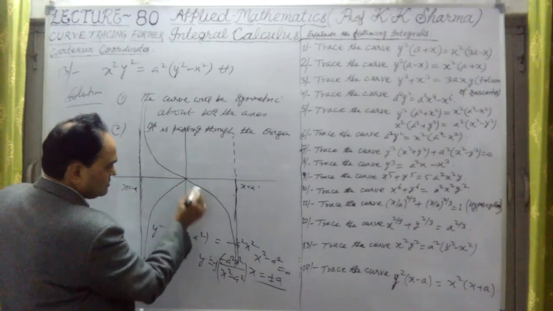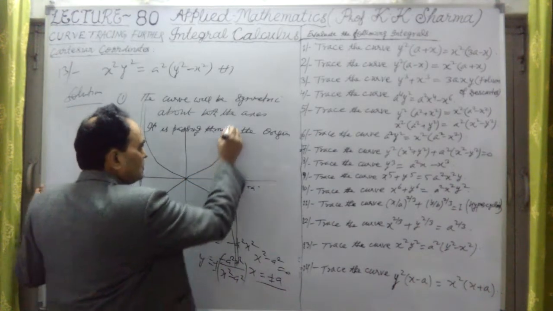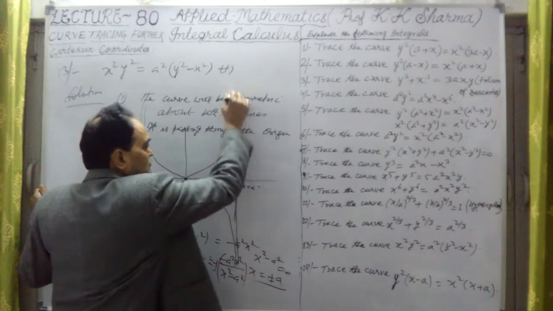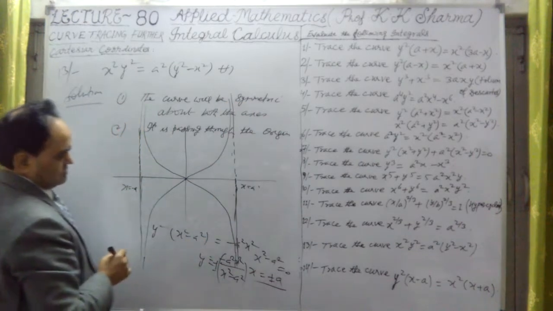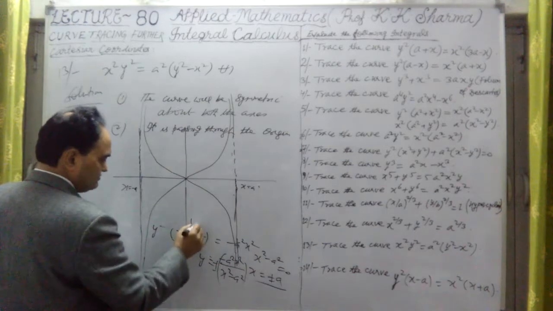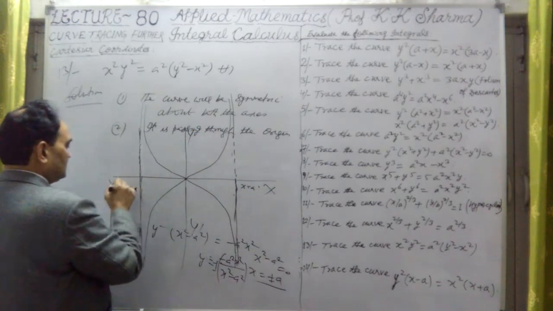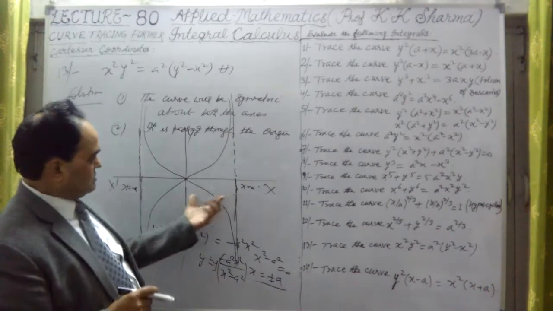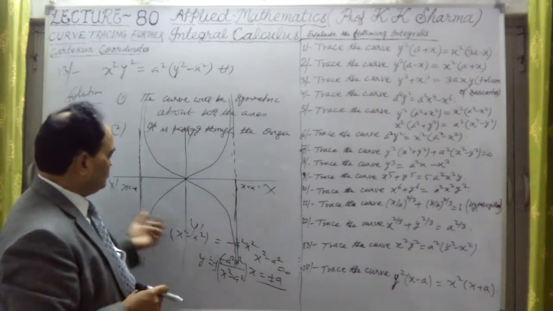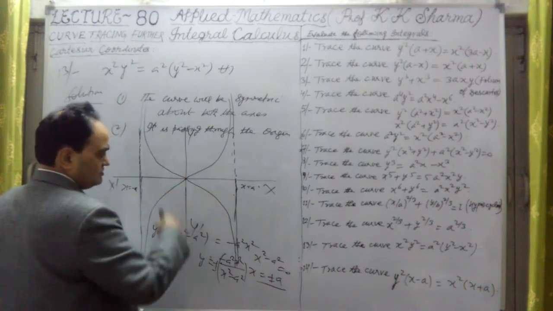This is the curve here, the second curve. It is also going to the side. This type of shape will be of the curve. This is the y-axis, y-dash, this is the x-axis. So within these two lines, x equal to a and x equal to minus a, the curve is defined here.